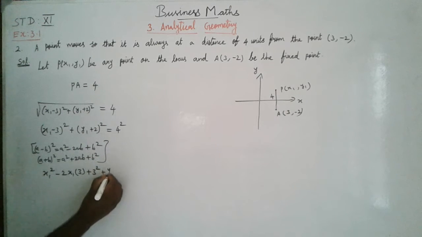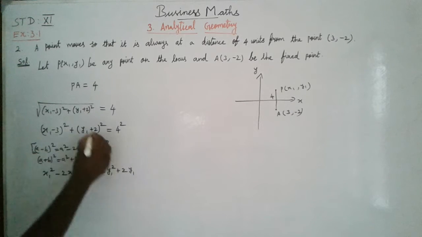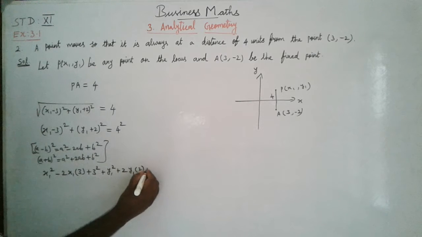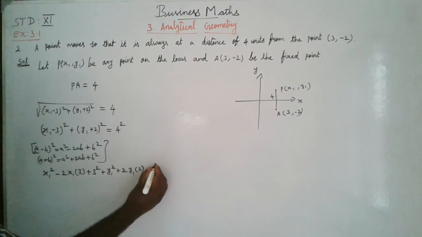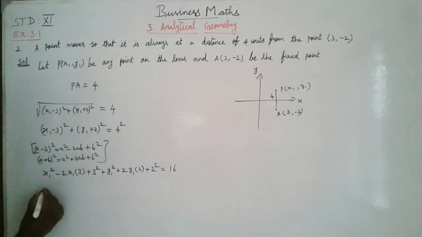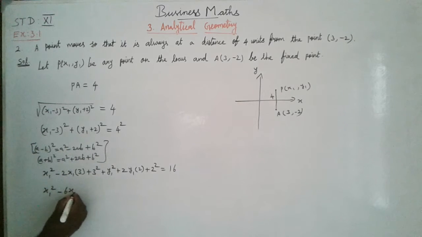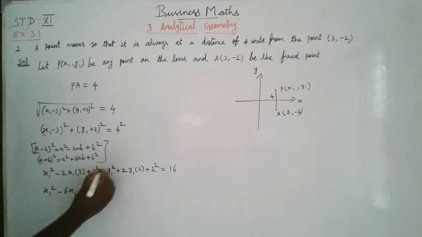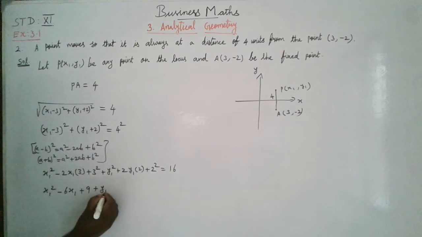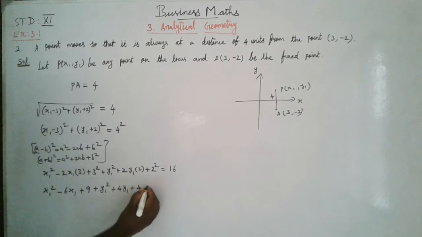So y1 square plus 2ab, 2 into y1 into 2, plus b square, 2 square, equal to 4 square is 16. So x1 square, 2 3s are 6, minus 6x1 plus 3 square is 9, plus y1 square plus 2 2s are 4y1 plus 2 square is 4, equal to 16.